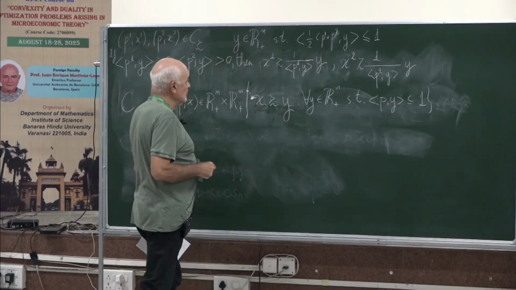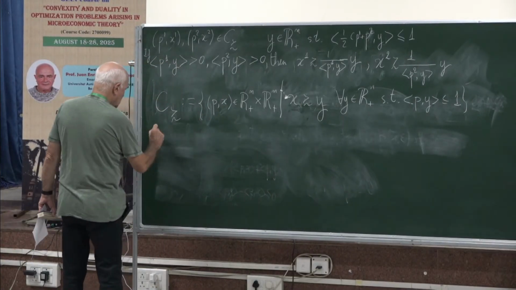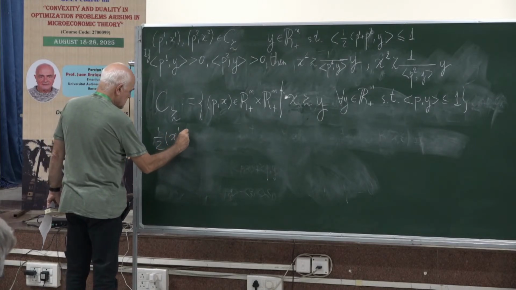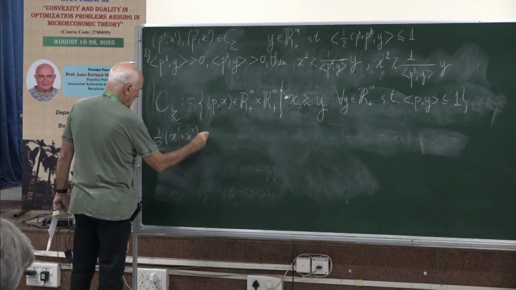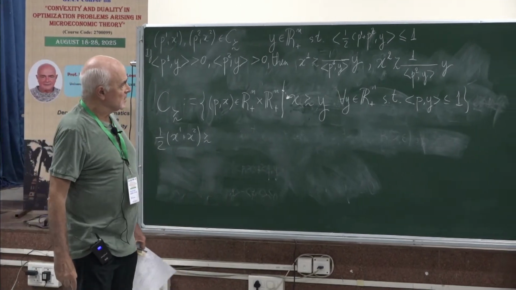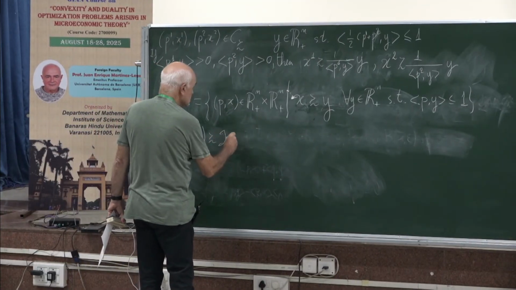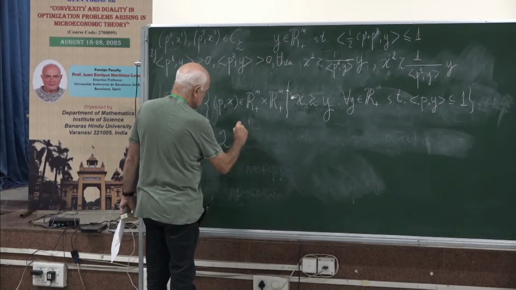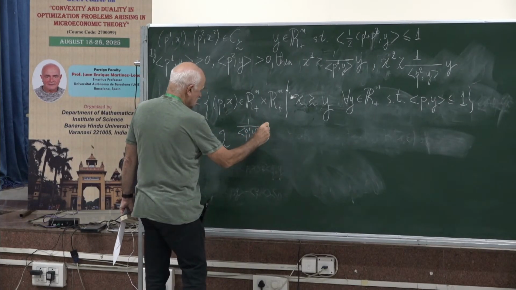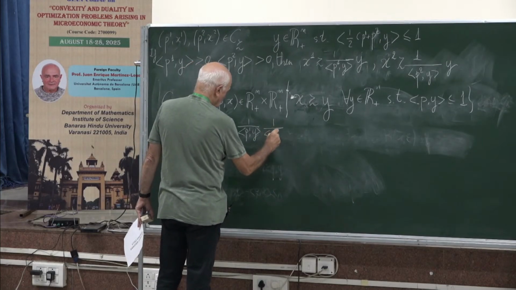Then, because of that property, 1/2 x1 plus x2 is preferred to twice lambda mu. Lambda is 1 over P1y. Mu is now 1 over P2y.